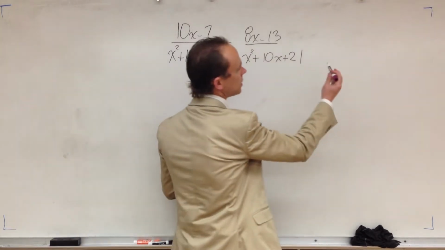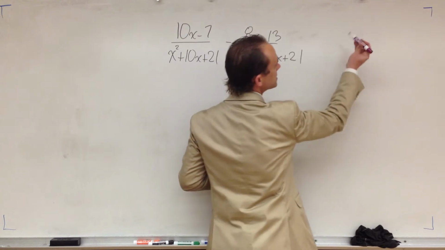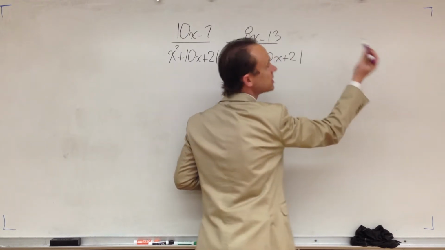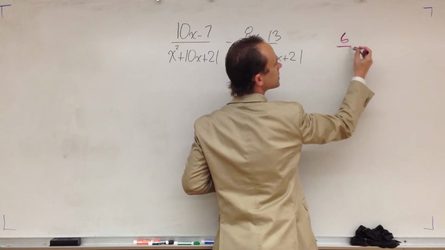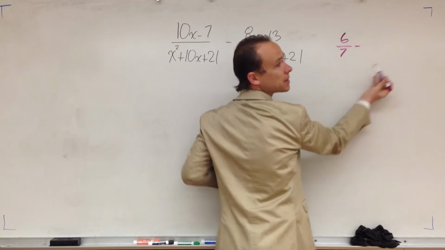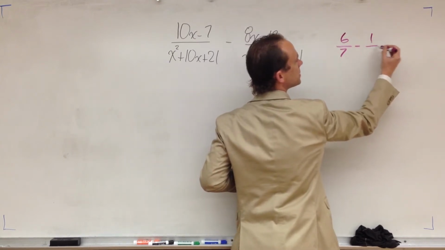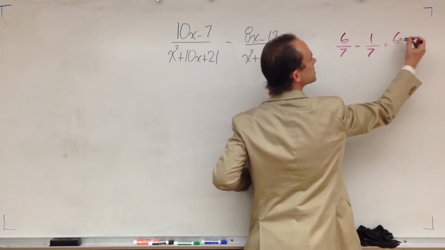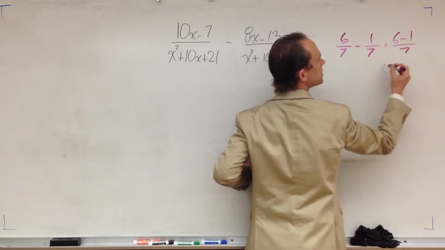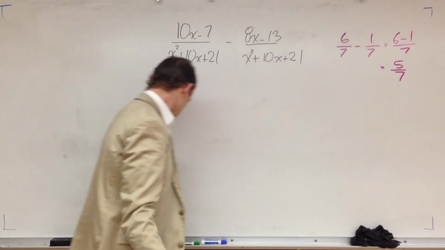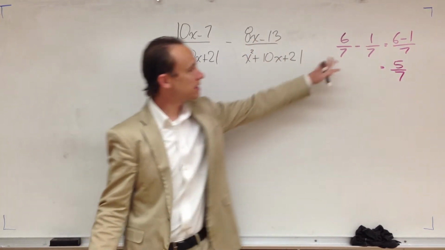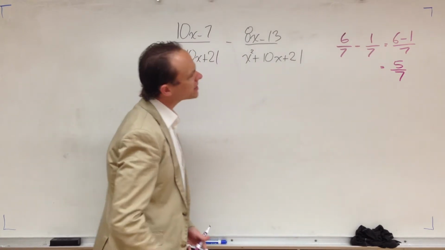Look, a while back, one of your teachers said something to the effect that 6 over 7 minus 1 over 7 is equal to 6 minus 1 over 7, which is 5 over 7. And you said, oh, I can do this.